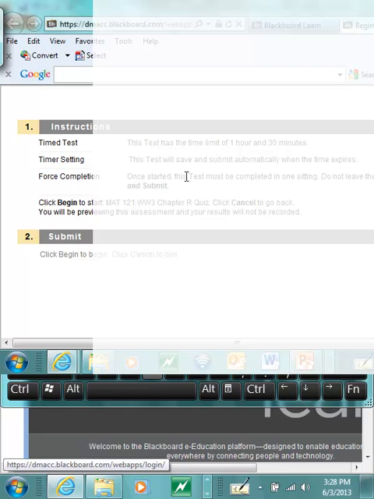But keep in mind, make sure that you are ready to do this in one sitting. So make sure that you've, frankly, taken care of all your biological needs, and that you're comfortable, that you've got your calculator, scratch paper, and it's open book, open notes. So make sure you have all the materials that you need, and then click on begin.